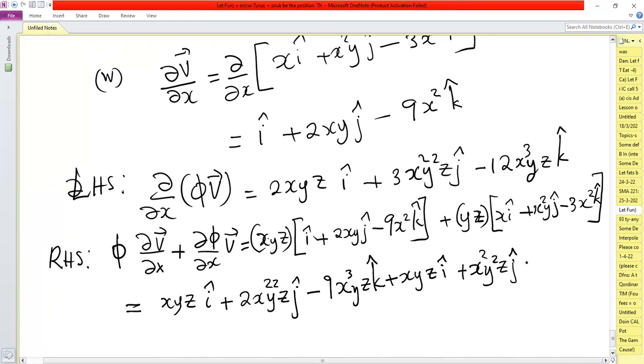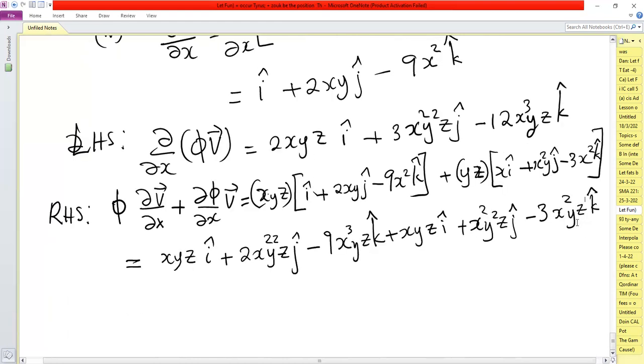This term by this term will be minus 3x squared yz k. Now bringing like vectors together, we'll get xyz i plus xyz i. There are two of them, so 2xyz i.